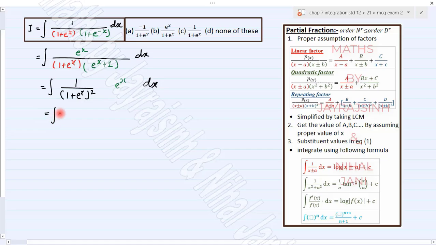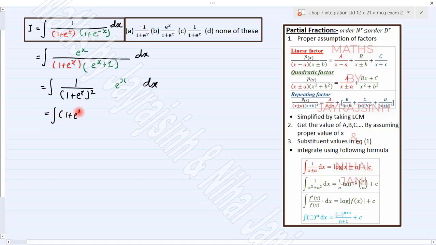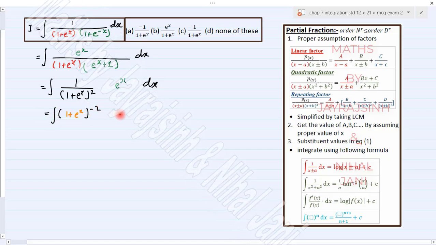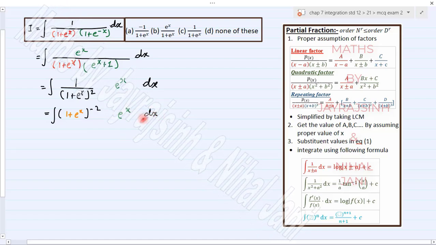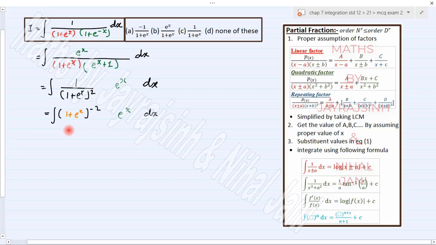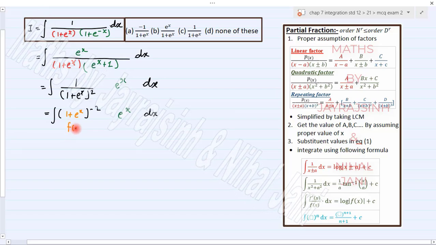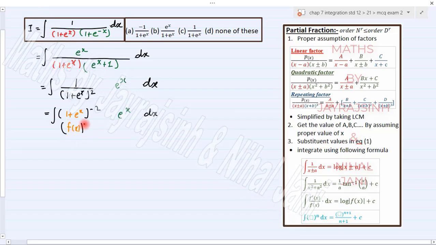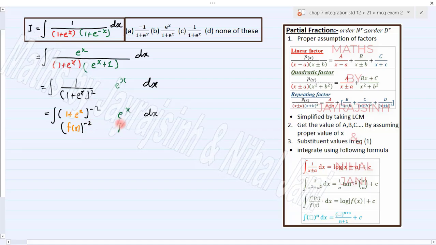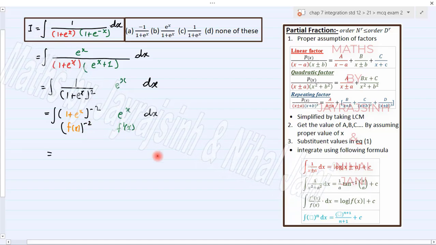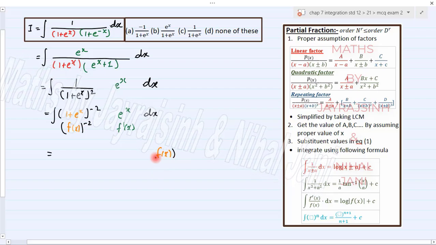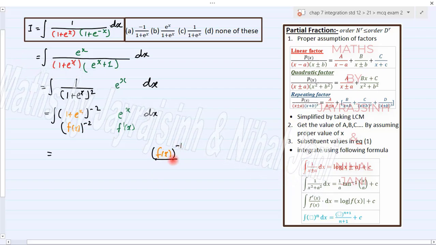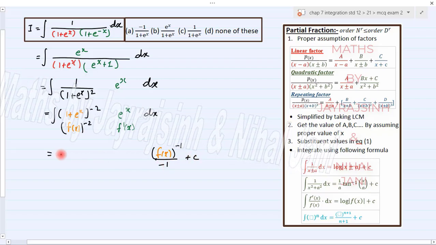Basically, here we get (1 plus e raised to x) whole raised to minus 2 into e raised to x dx, which is in the form of (f(x)) whole raised to minus 2 into f dash x, which can be integrated as (f(x)) whole raised to minus 2 plus 1, or we can say minus 1, upon minus 1 plus c.